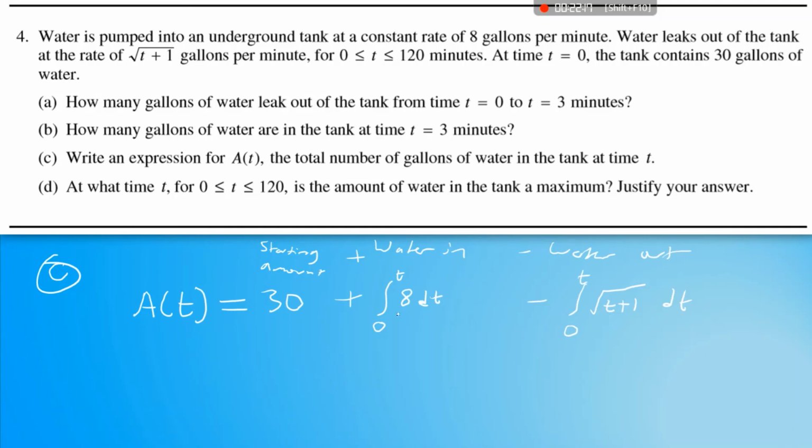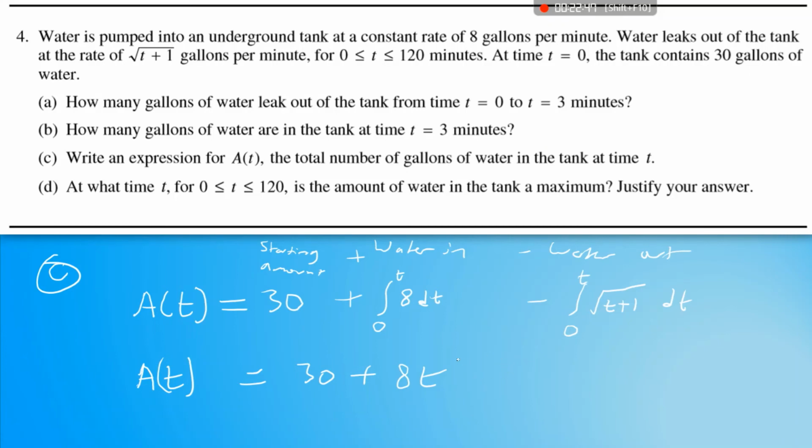I could integrate this part directly if they wanted, I guess. Okay, let's do that. So we'll simplify once. A(t) is equal to 30 plus, what happens when I integrate this? 8t from 0 to t.